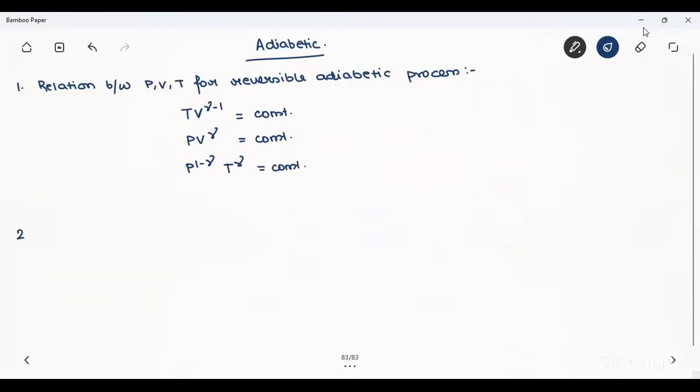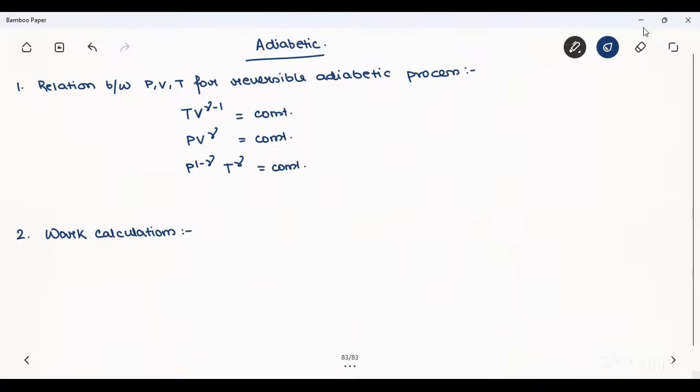Second, we learned about work calculations. And I told you for adiabatic process, for reversible and irreversible, they will not give you the final temperature or the initial temperature. You have to first calculate the final temperature or the initial temperature which is not given. Then you have to calculate the work done. Okay.